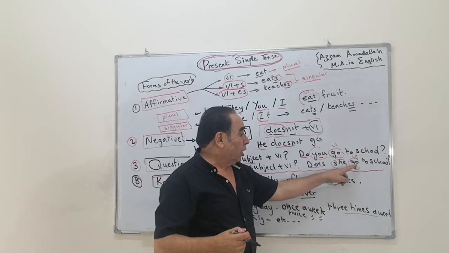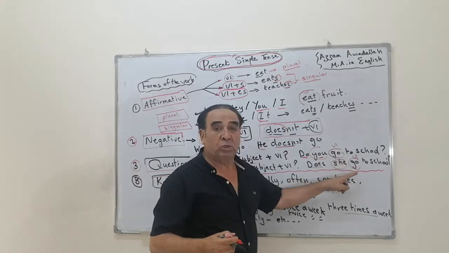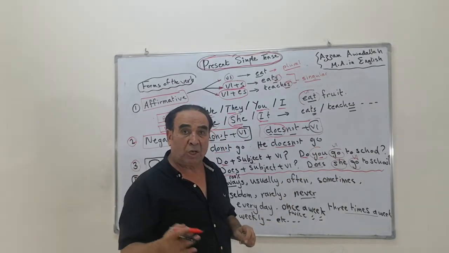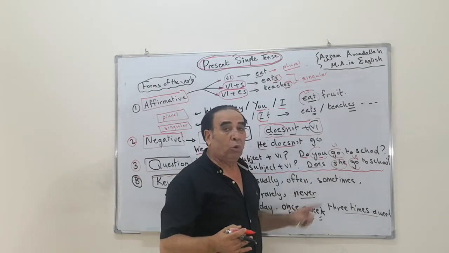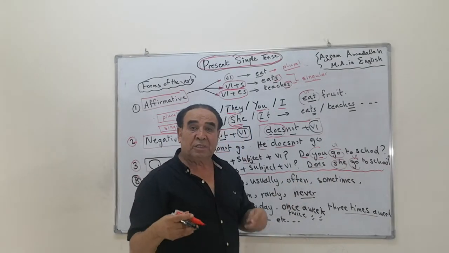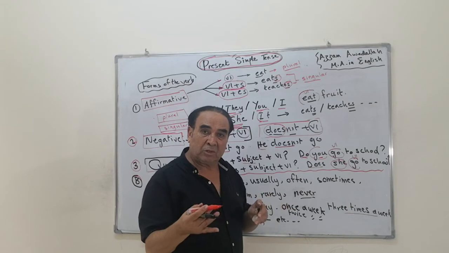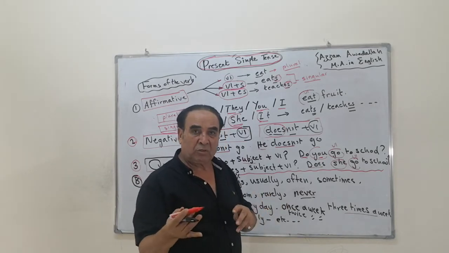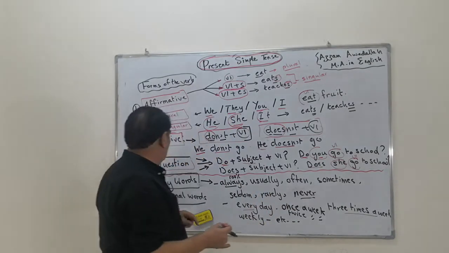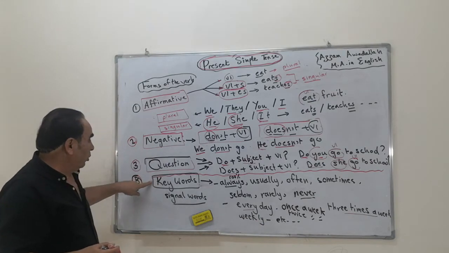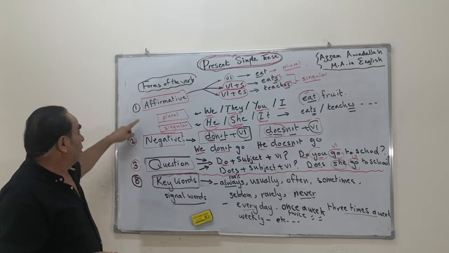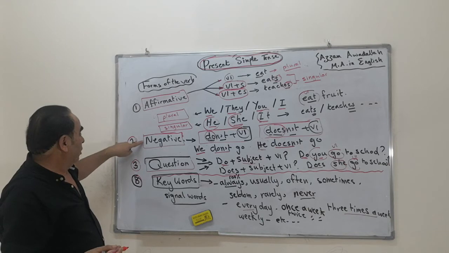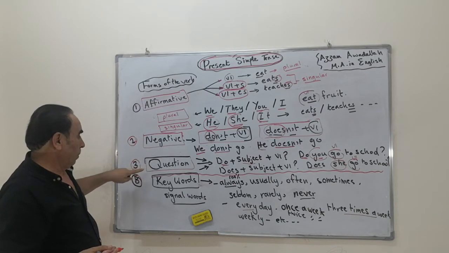Note that here I don't say does she goes. This is a big mistake in the English language. We say does she go? Does she eat? Does Layla eat? Does Selma eat? Does Ahmed eat? So we have three forms: affirmative, negative, and question.